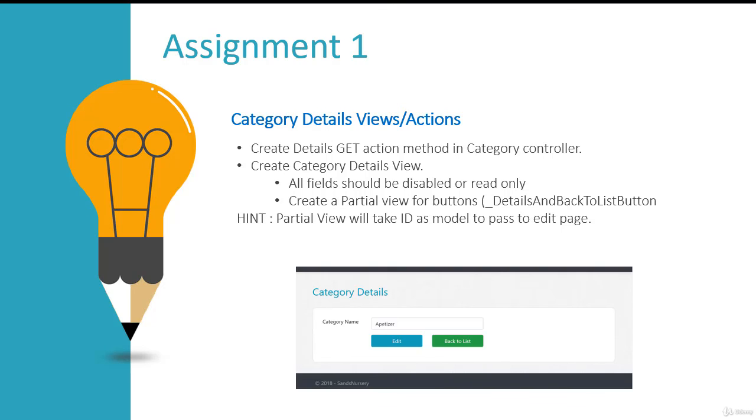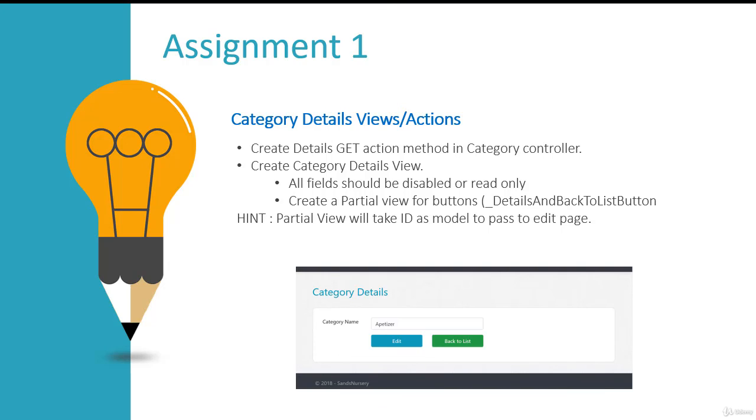And inside the view, you need to display the category name and you will have the buttons for edit and back to list. For those buttons, you will add a partial view and you'll call it details and back to list button. This partial view will look similar to what you have for the other partial views for the buttons that we created. As a hint, with the edit button, you have to redirect to the edit page. So for that, you will have to pass the ID of the category.